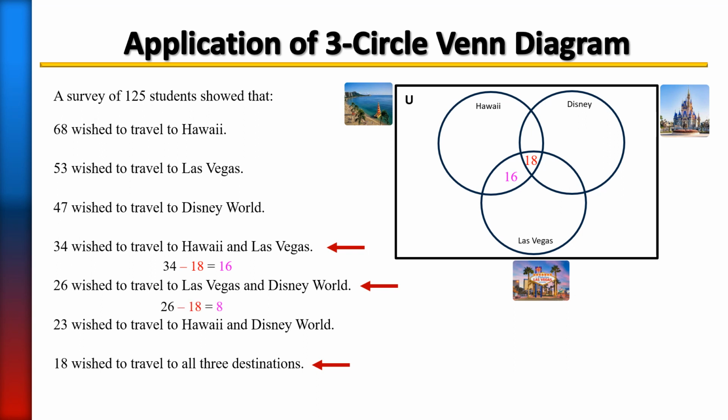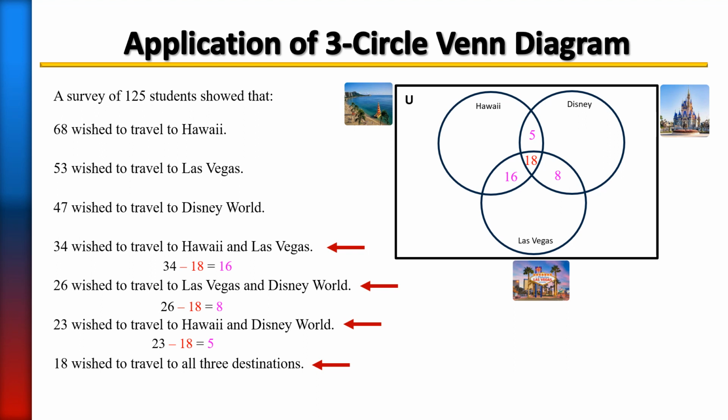So there would be 8 in that region. Next, we're going to focus on the Hawaii and Disney region. 23 wish to travel there. So let's go ahead and take 18 from that 23. And that'll leave us with 5 people that wish to go to both Disney and Hawaii.